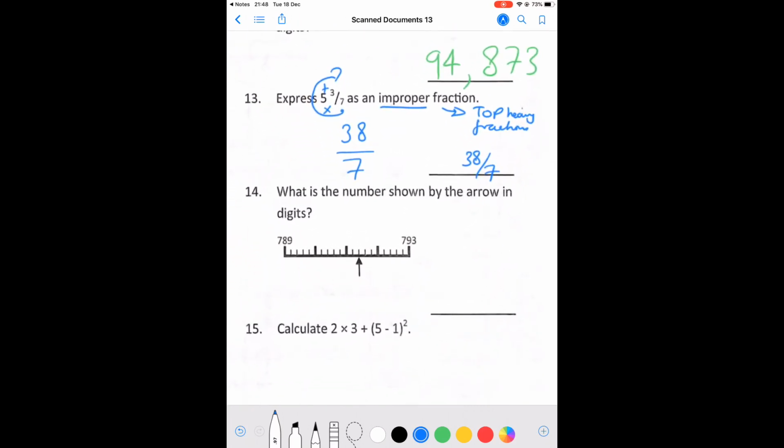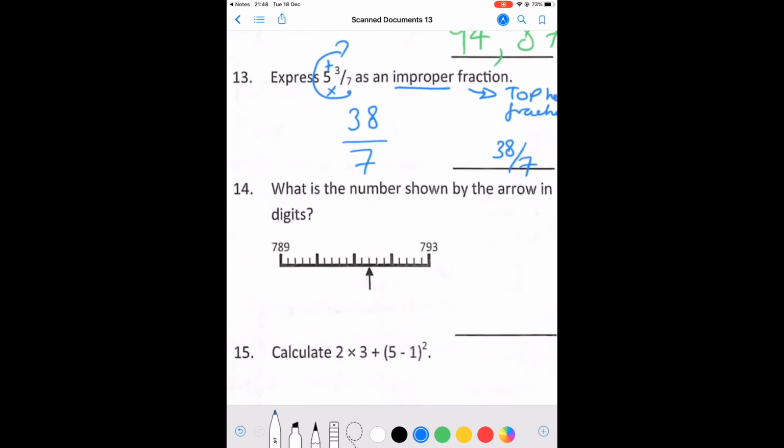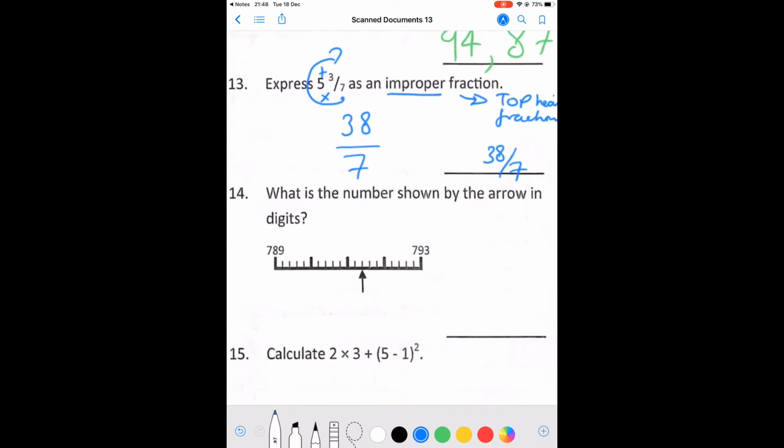Question number 14. What is the number shown by the arrow in digits? So let's have a look. So 789 to 793, so that'll be 790, 791, 792, 793. So now if you have one number and you divide it amongst 5 equal segments, 1, 2, 3, 4, 5.